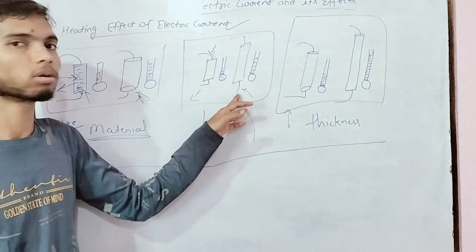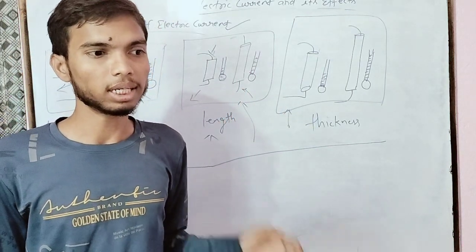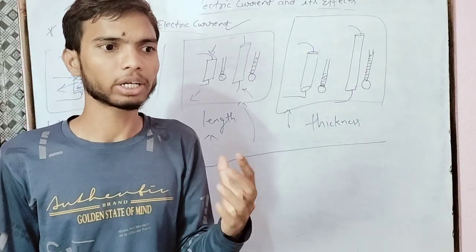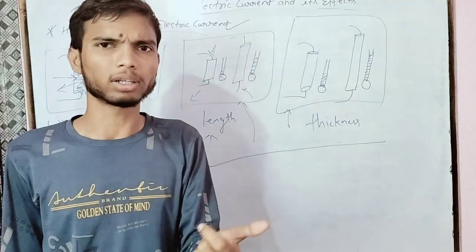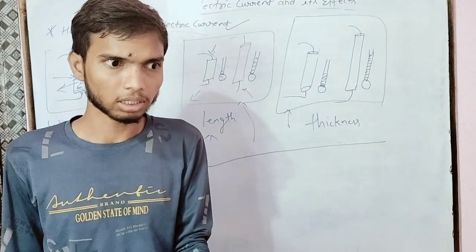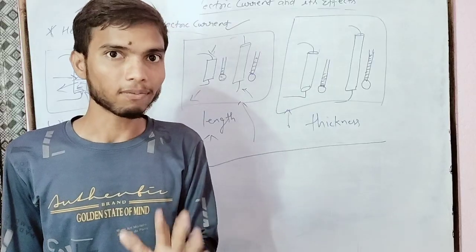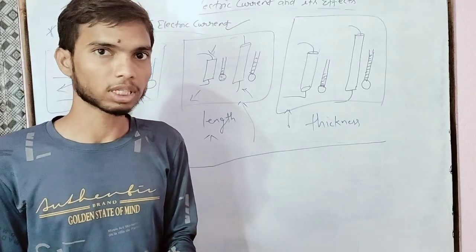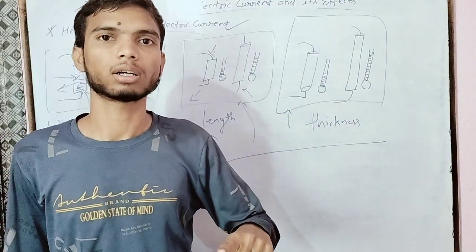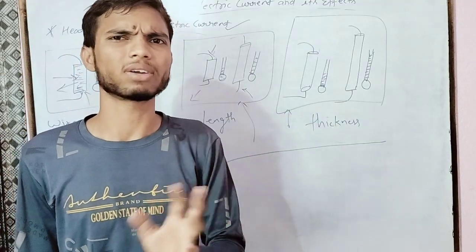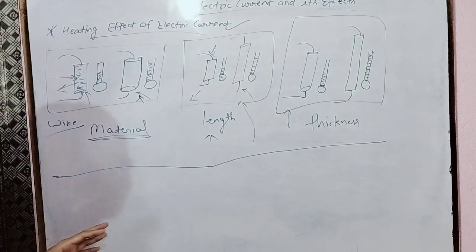But if it is made of a strong material, it will take time to produce a heating effect, but after a few seconds it will come into the picture. Okay, this is the difference between strong material and weak material.